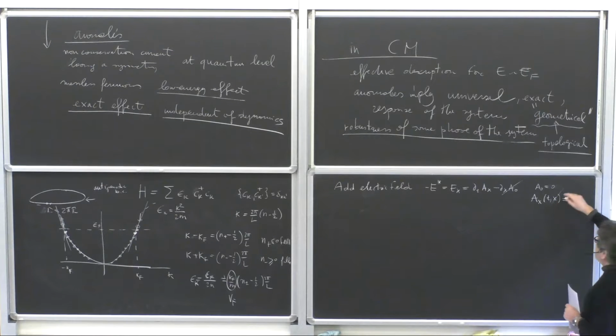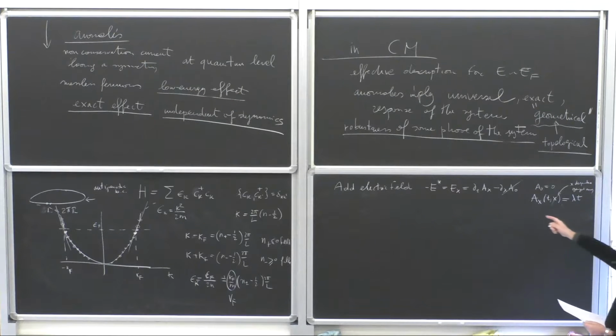So if you want to do an exercise, here's the first exercise. Prove that this x dependence can be gauged away. So I take a constant electric field.